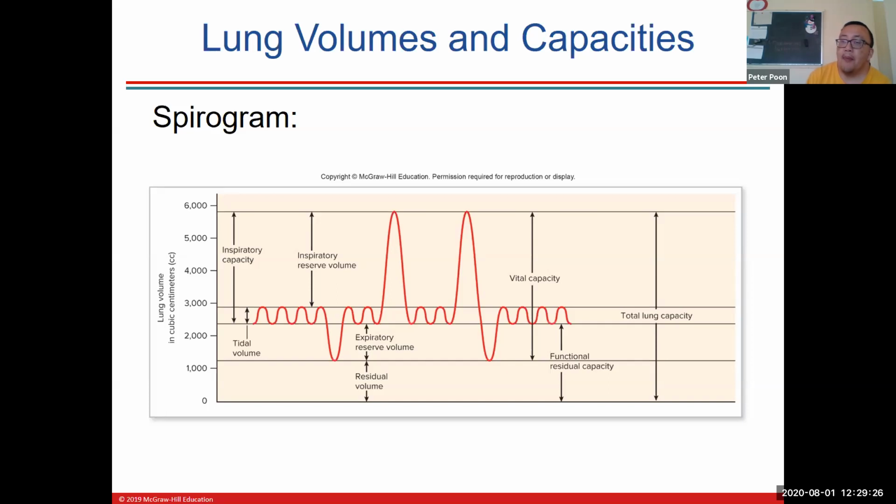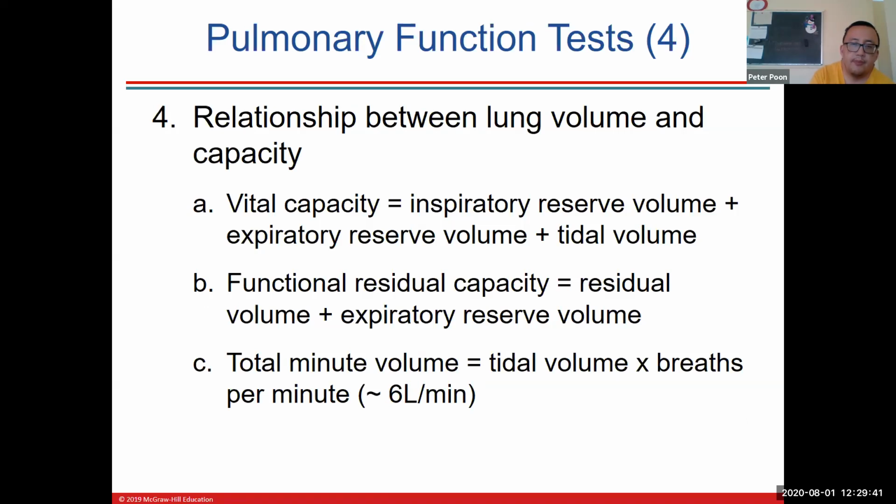Total lung capacity is vital capacity plus the residual volume.